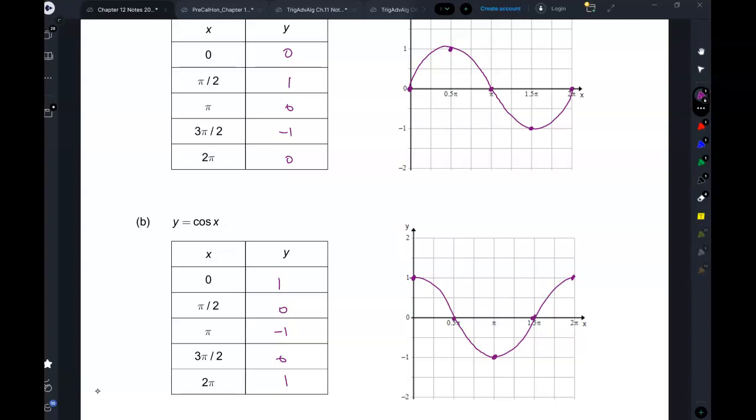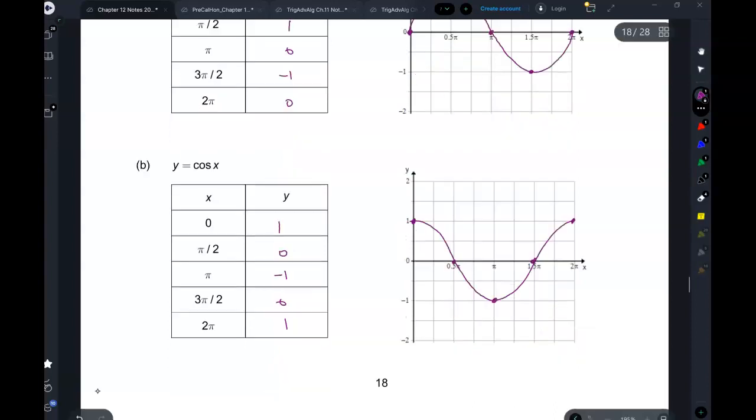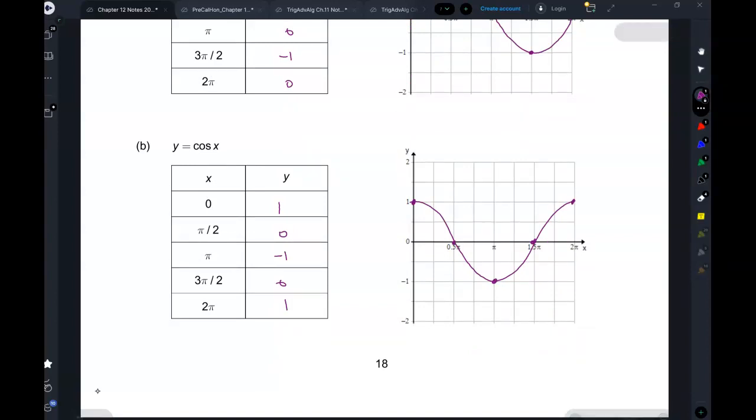And so that's what all this is about. Okay, never, ever, ever should your cosine look like a V, because it's not a V. Remember, it's a part of a bigger wave, okay? All right. Any other questions here?